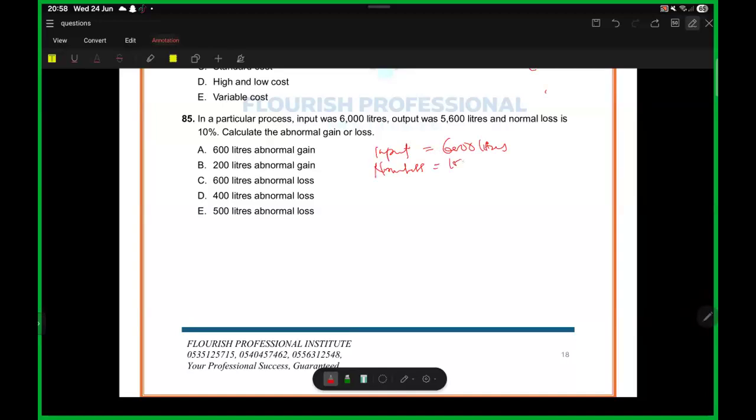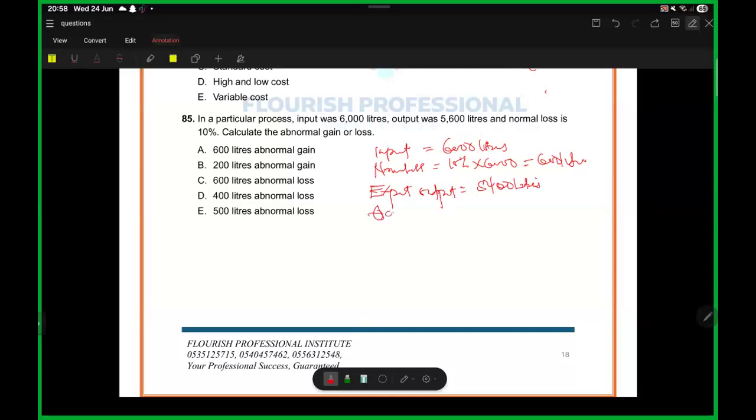So 10% of the 6,000 is 600 liters. Then the expected output, because of the normal loss, is 6,000 minus 600, which is 5,400 liters.